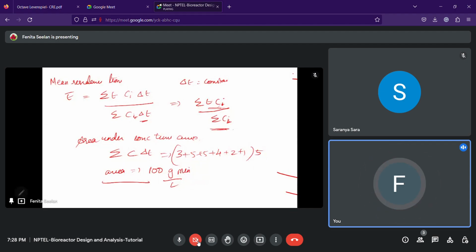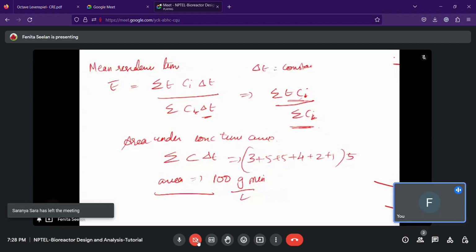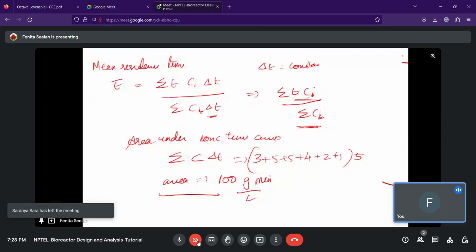To find the E value, the area under the curve must be unity, right? So from that, we divide your concentration by your area, and that will give you the age distribution.